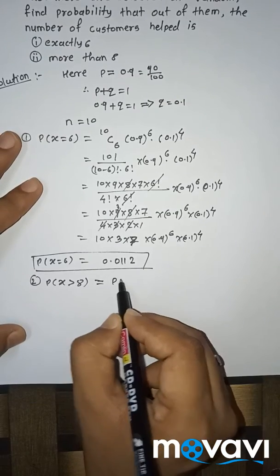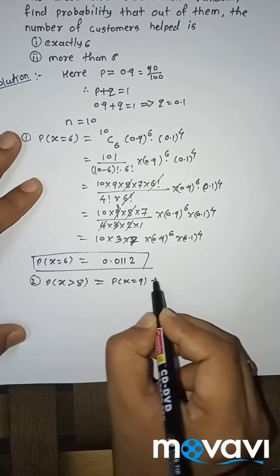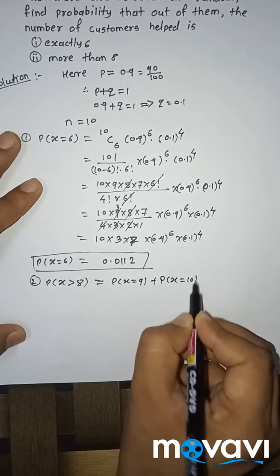This is equal to probability of x equal to 9 plus probability of x equal to 10.